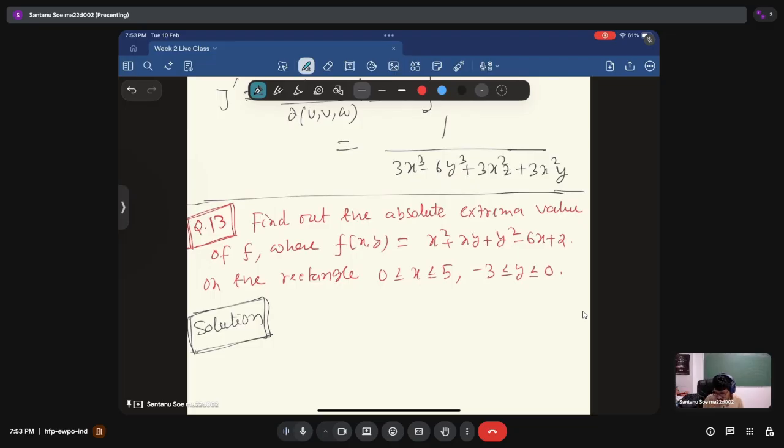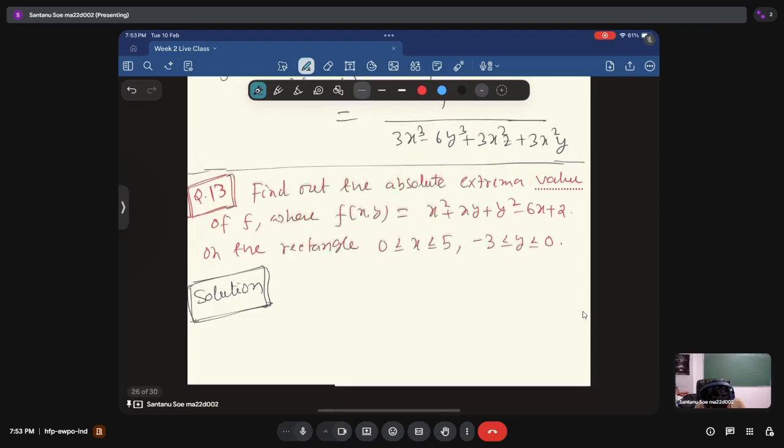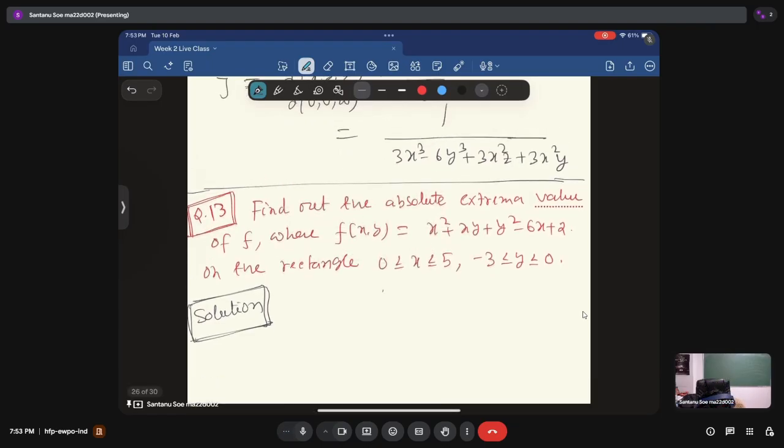Okay, so now let us try to draw the rectangle. So this is the xy plane. Now this is 5 comma 0 and this will be 0 comma minus 3.